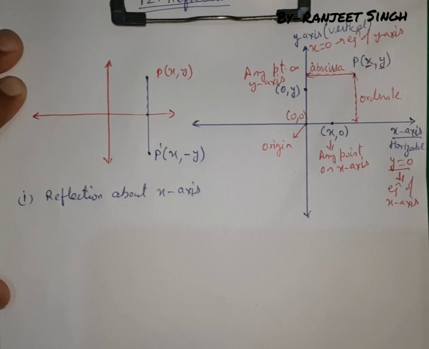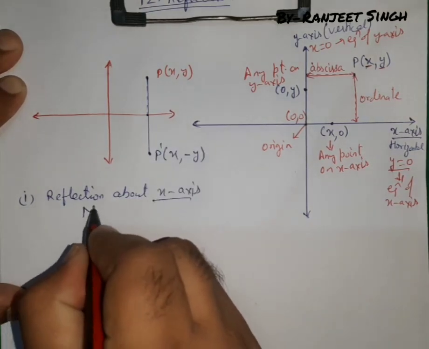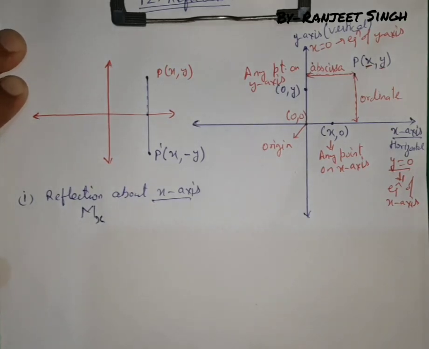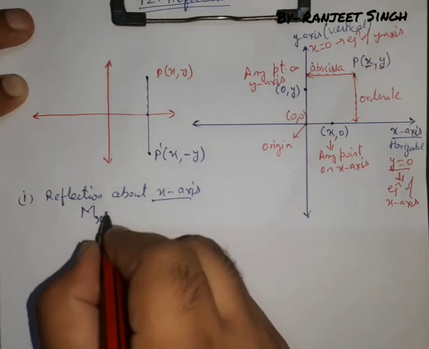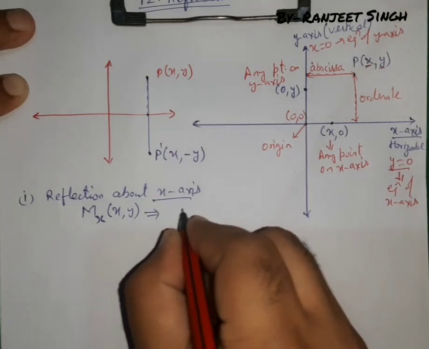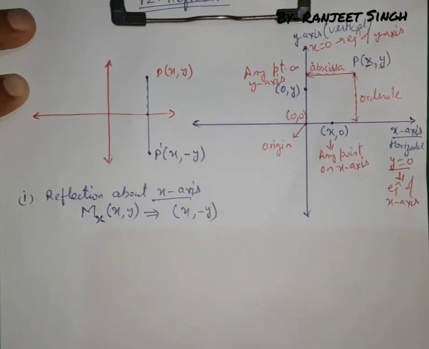Sometimes we represent this reflection about the x-axis by writing M of x. So M of x, (x, y) gives the result (x, minus y).